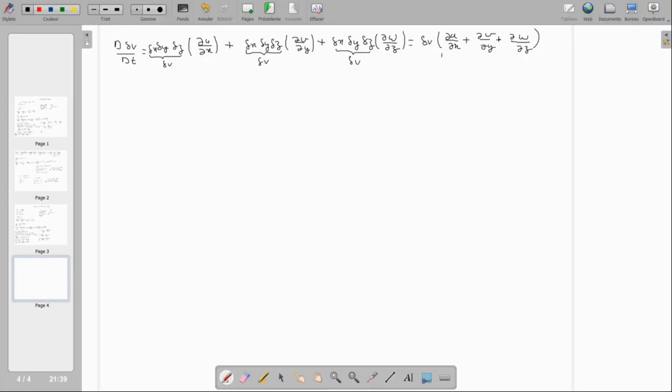And this is the divergence of the velocity, nabla dot v.